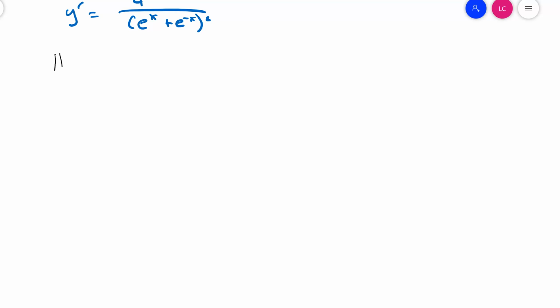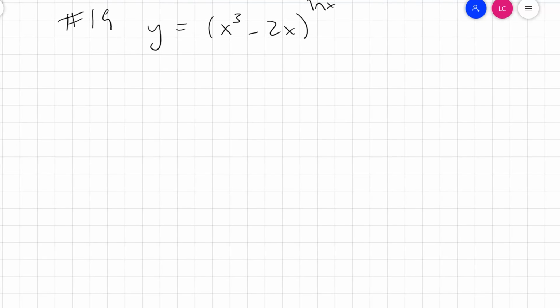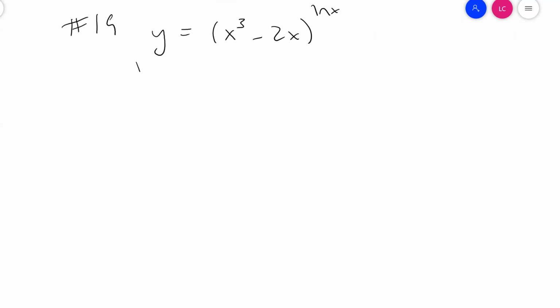All right, one more request from this section. It was number 19. Use logarithmic differentiation. So x cubed minus 2x all to the ln of x. Okay, the logarithmic differentiation first step is to take the ln of both sides. I would really strongly suggest you just take this step to put ln on both sides.